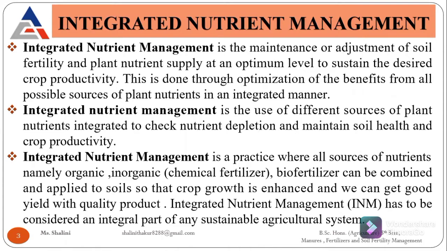That should be increased, and this is to be done through optimization of the benefits from the possible resources. It means if you have one resource, like a water resource or a sunlight resource, you are using all these input resources collectively, and all this comes under integrated nutrient management.